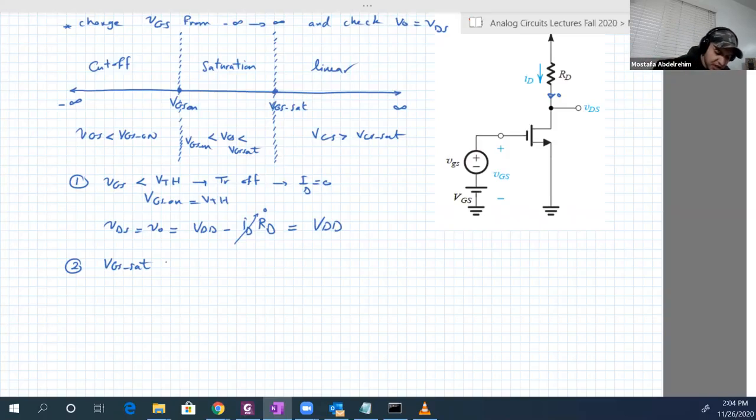Okay, so this is the edge of saturation or linear. An edge is something in between. So at that point, VDS equals VDS set, which is VGS minus V threshold.